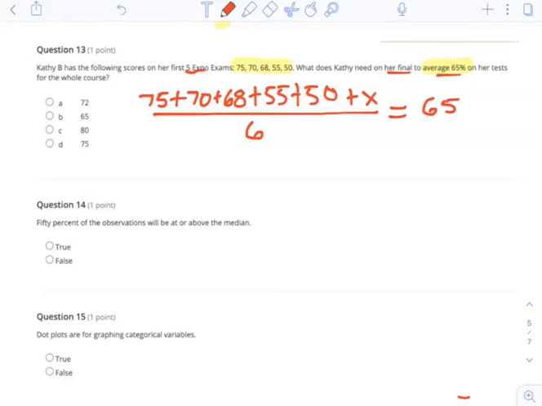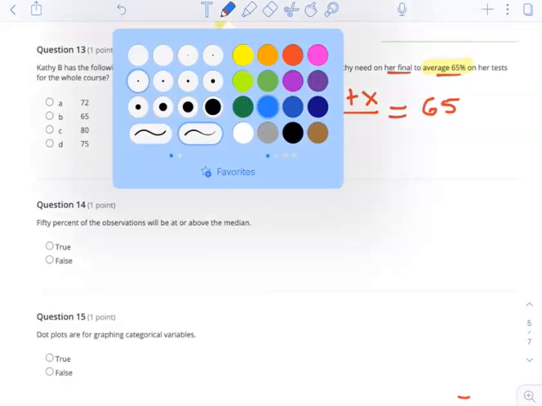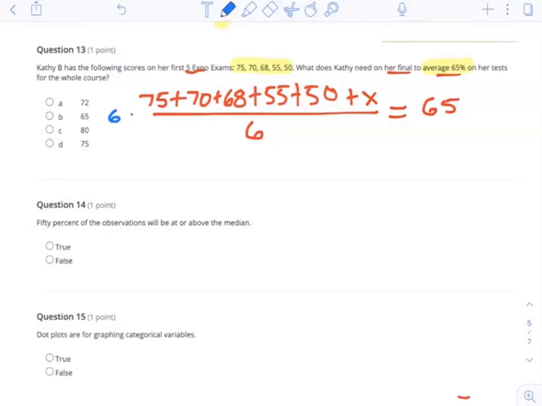The first step is to multiply both sides by 6. When you do that, you cancel out the 6 on the bottom left. So we're multiplying both sides by 6, and that gives us 390 on the right. At the same time, it might be a good idea to add up all the numbers on the left: 75, 70, 68, 55, and 50.